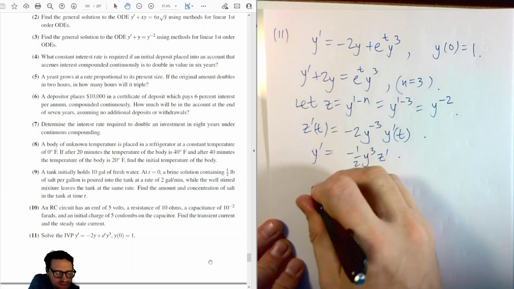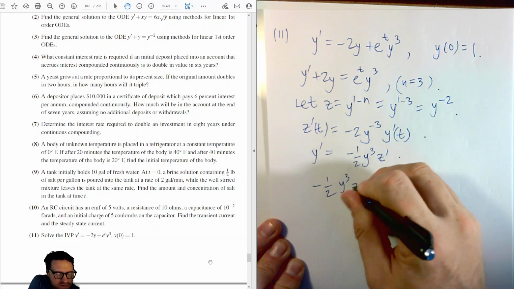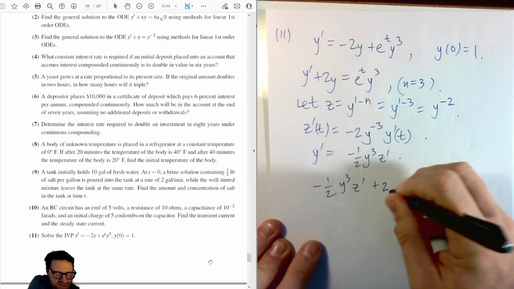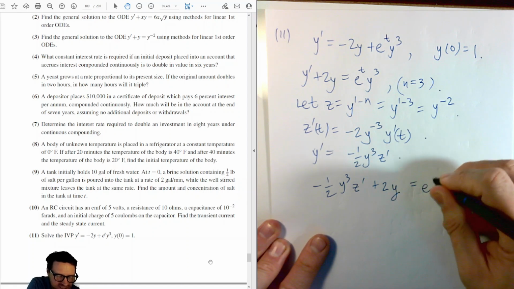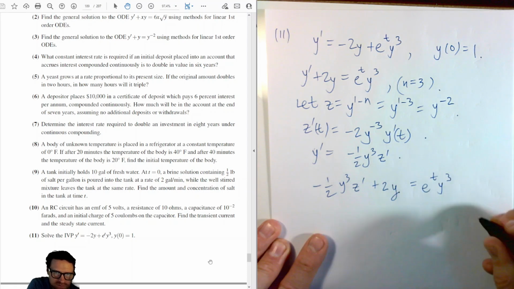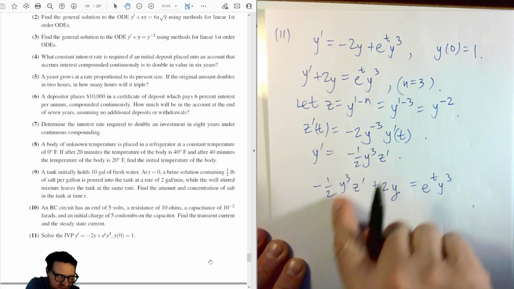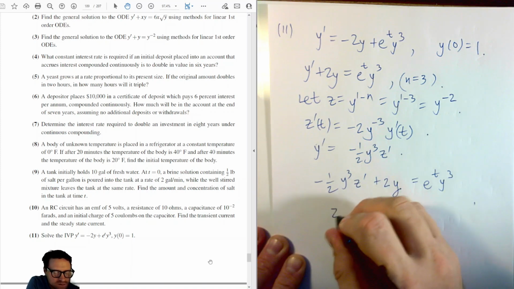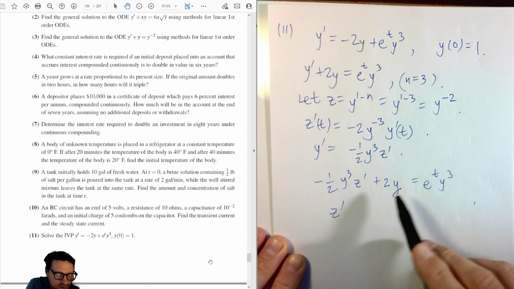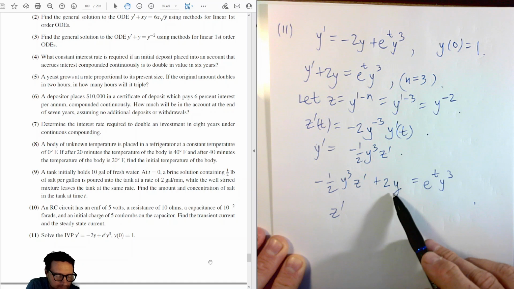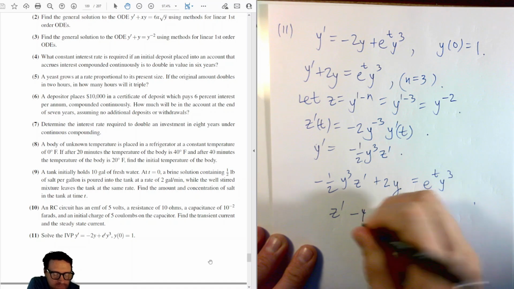Okay, and now we can sub this in where we see y dash. So we have minus 1/2 y cubed z dash plus 2y equals e to the t y cubed. Okay, we want to divide this throughout by this term. And so then when we do, we've got z dash, okay, 2 divided by minus 1/2 is minus 4.